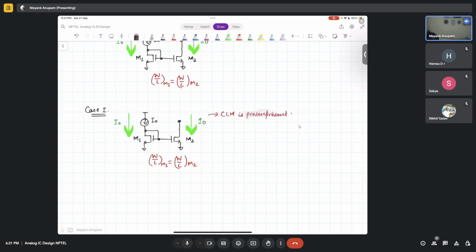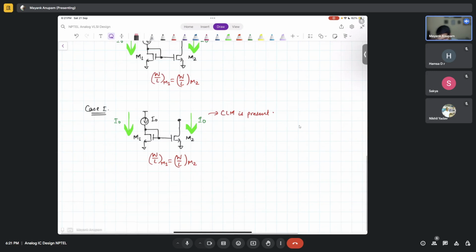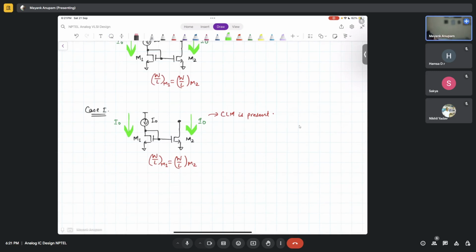Tell me what is going to happen. If CLM is present, can we still say that the currents at both places will be I naught only? Is it possible for the current to be the same in both the branches? Is that statement true or not?